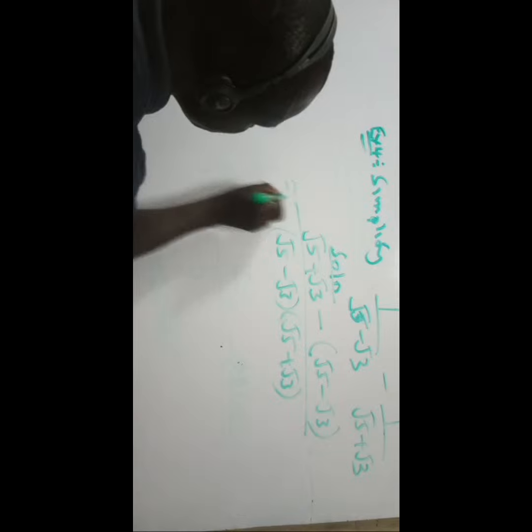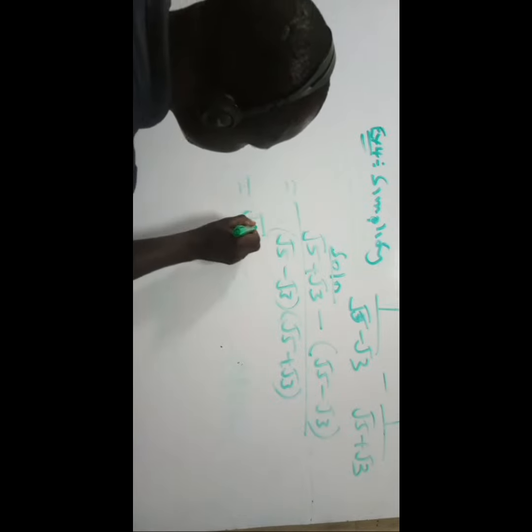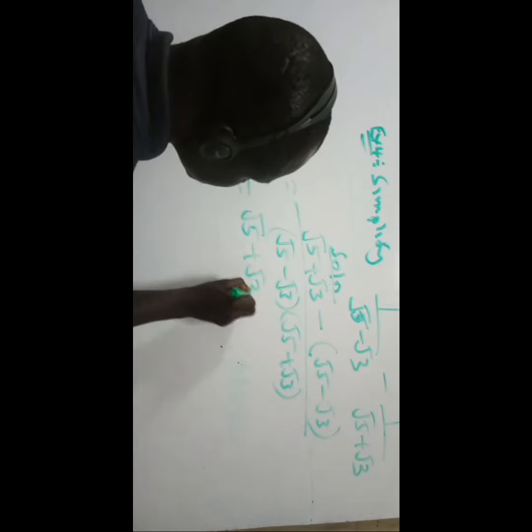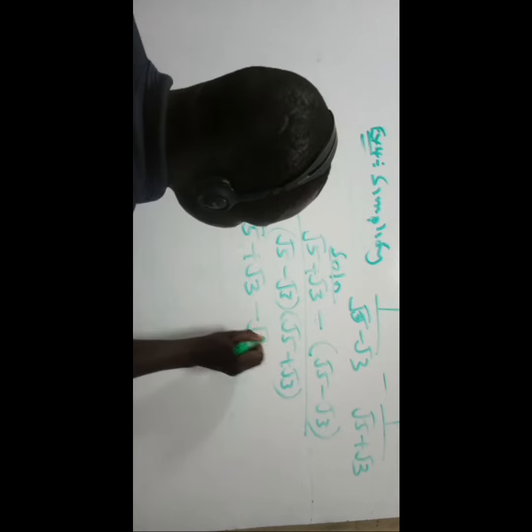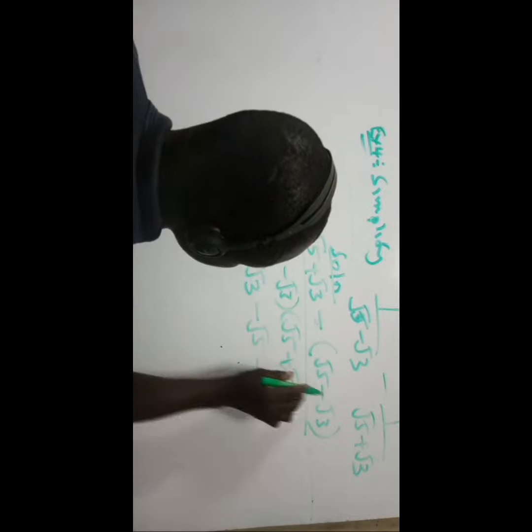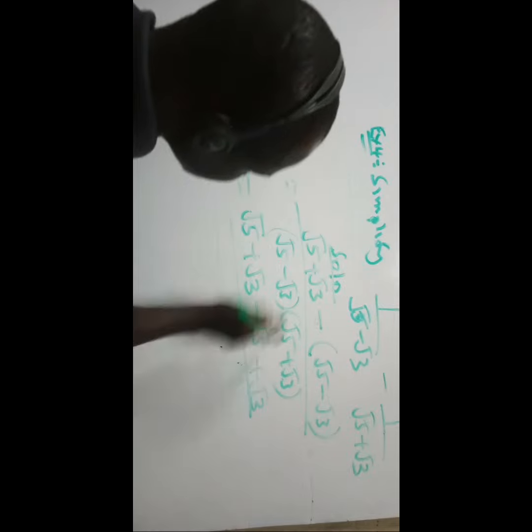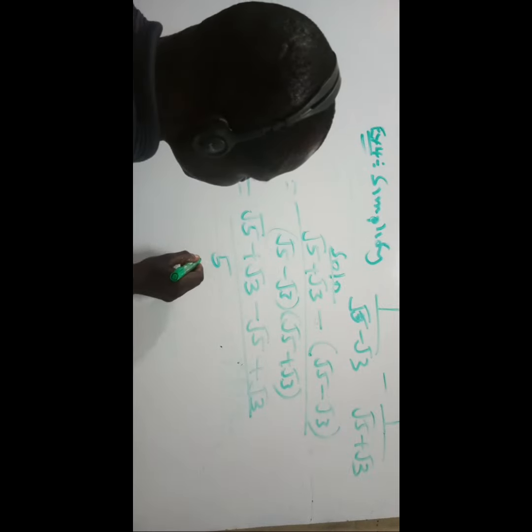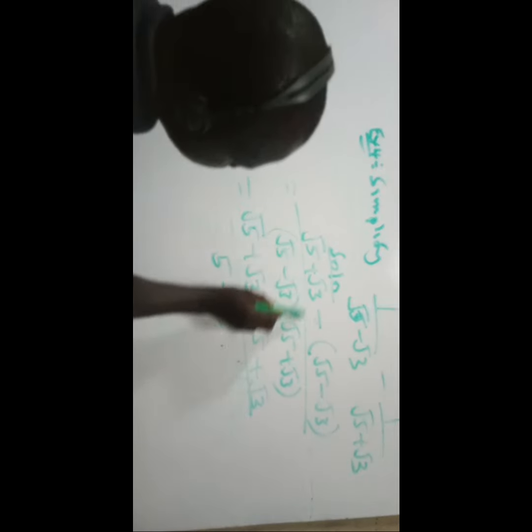So let's open the numerator. We have square root of 5 plus square root of 3, minus, this will be minus, square root of 5 minus square root of 3. Minus times minus will be plus. And the denominator is a conjugate. If you open up, you have 5 minus 3, because when you use this to multiply this, you get 5.